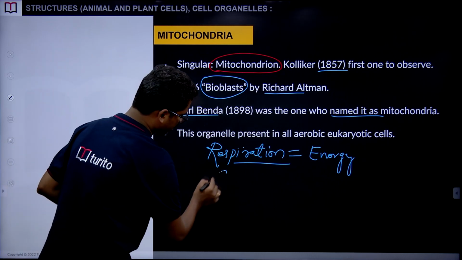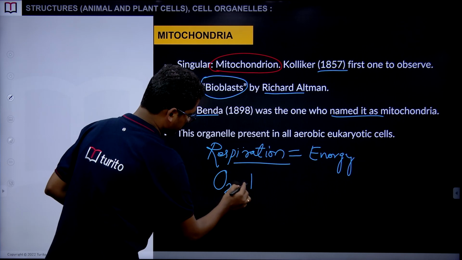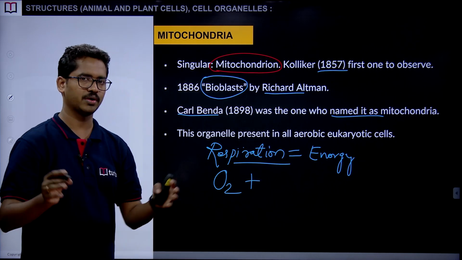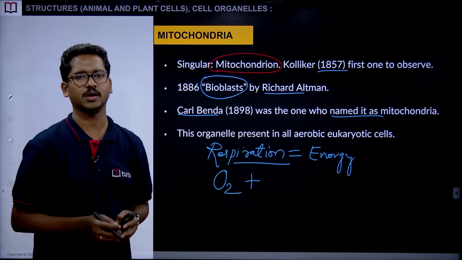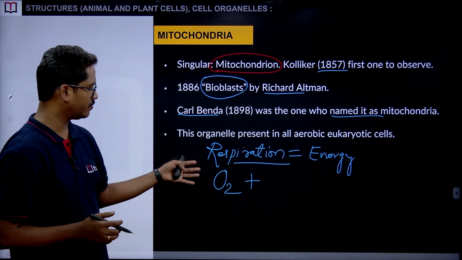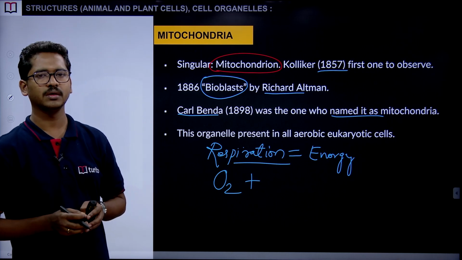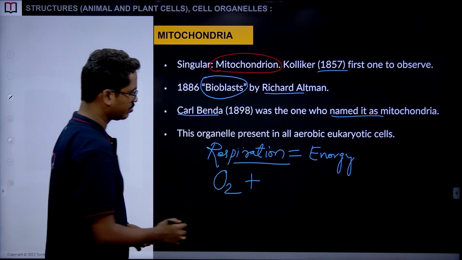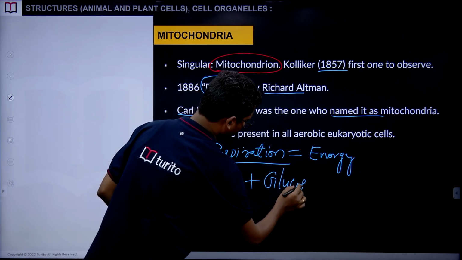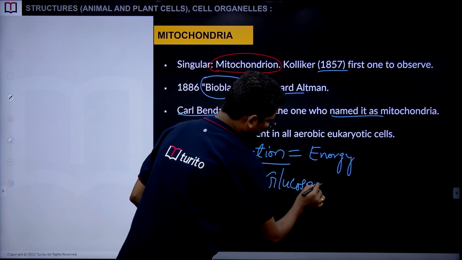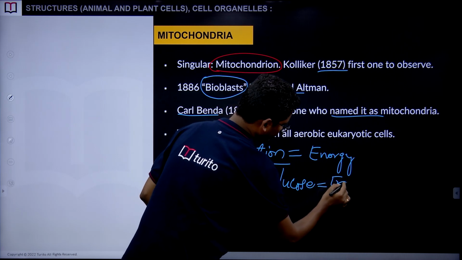What happens exactly in respiration is that we use oxygen. All of you are aware that the respiratory gases we use are basically oxygen and carbon dioxide. So, in the process of respiration we need oxygen, okay. Ultimately this oxygen is combined with a known compound, that is glucose, and that is how we get energy.